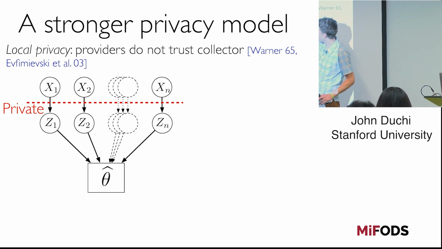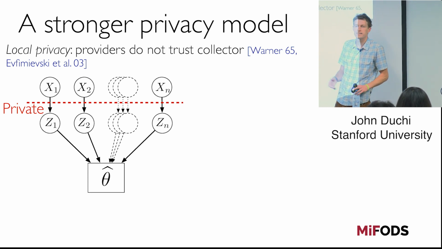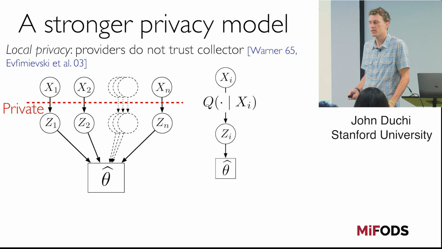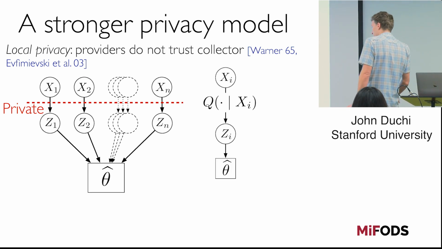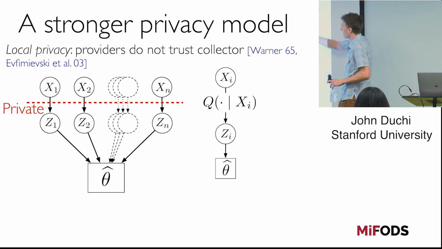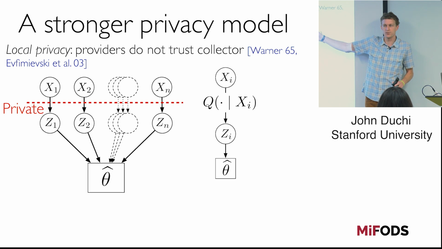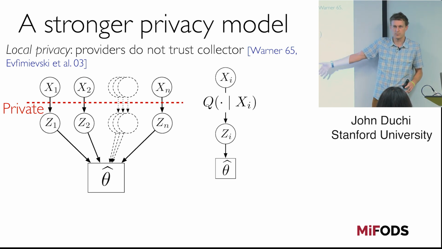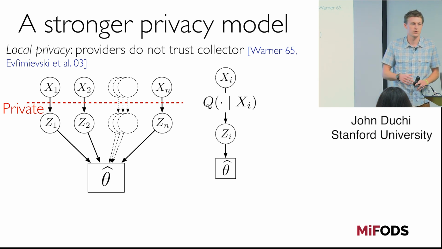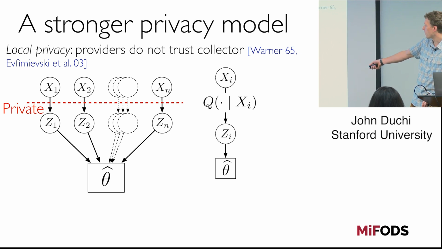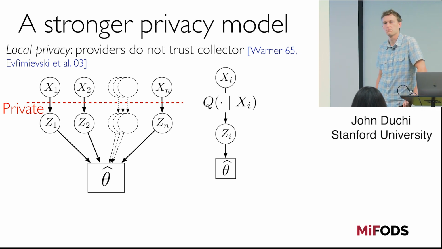And so instead of X, whoever's collecting the data gets to observe Z, where Z is some obfuscated version of X. Okay, and so the way I'm going to always write this for the rest of the talk is X is going to go through a channel, and I'm going to represent that channel by Q. Q is always going to be a channel, and then this Z gets spit out. Okay, so X goes through a channel, Z gets spit out, and then the statistician or whoever has to estimate the quantity of interest based on these Z's, right?